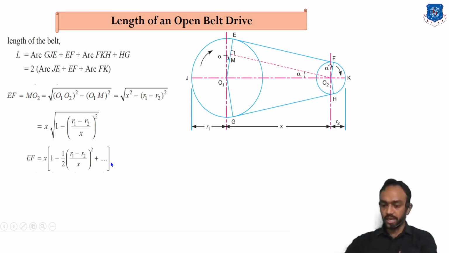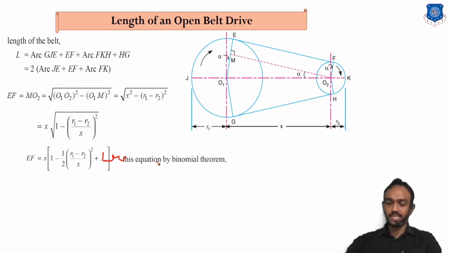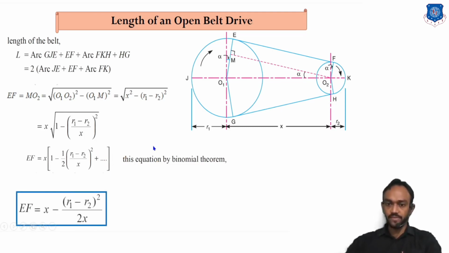So there is an equation called the binomial theorem, but I am ignoring all the steps behind this, which is very small. Okay, and I can write this equation simply as EF is equal to x minus R1 minus R2 whole square upon 2x. Okay, so now you have found the EF, you already know the length of these two arcs.